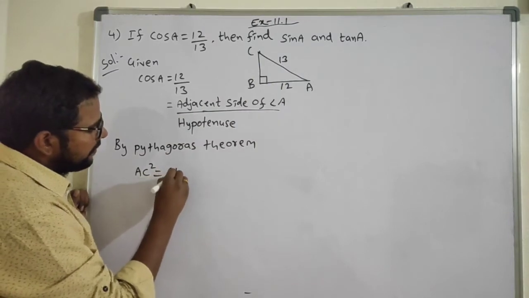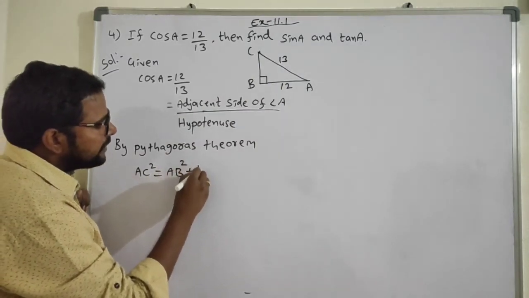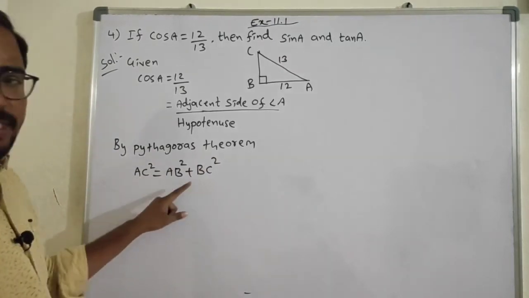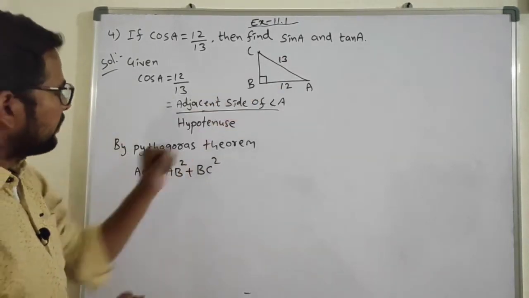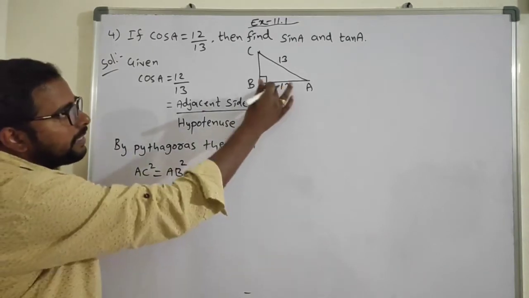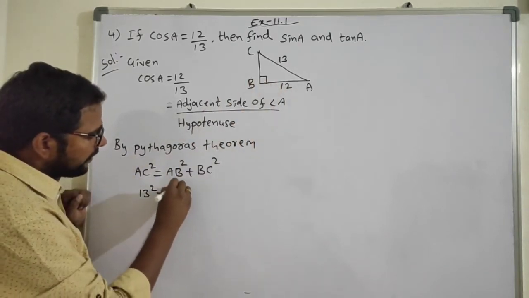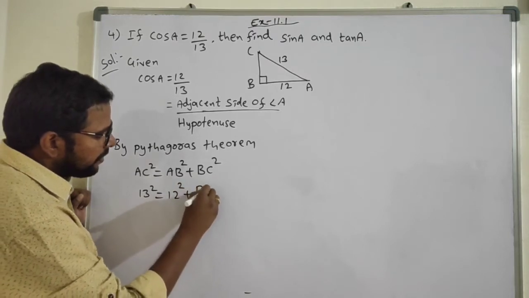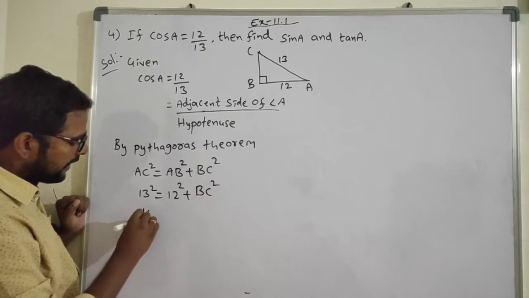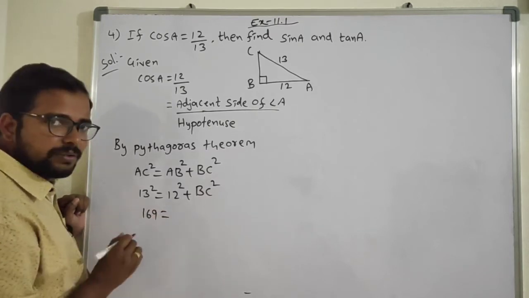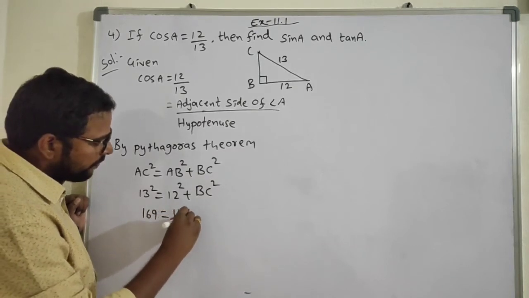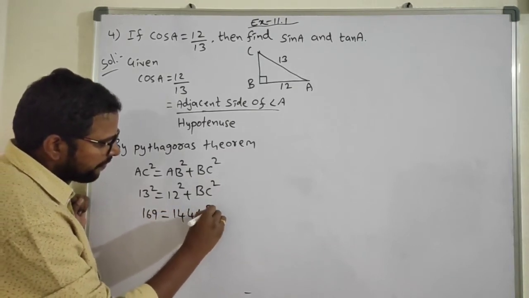The hypotenuse is 13, so 13 square is equal to AB, which is 12, square plus BC square. 13 square is 169, and 12 square is 144, so 169 is equal to 144 plus BC square.